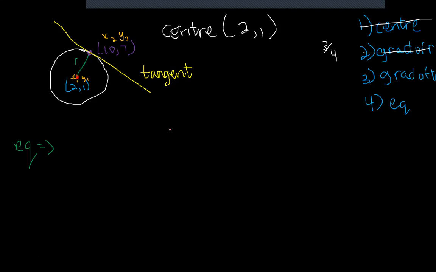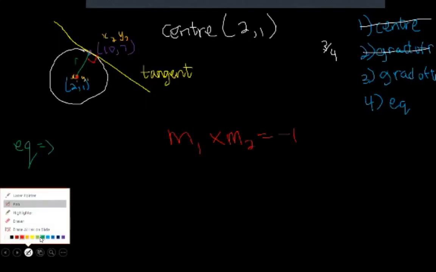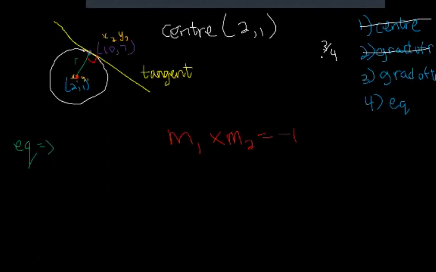Gradient of the tangent, we know that the tangent is perpendicular to the radius. If you look at this yellow line, which is the tangent, and the green line, which is the radius, they're at right angles, so they're perpendicular. What does that mean? That the product of their gradients would give me -1. M1 in this case would be the gradient of my radius, which is 3 over 4.